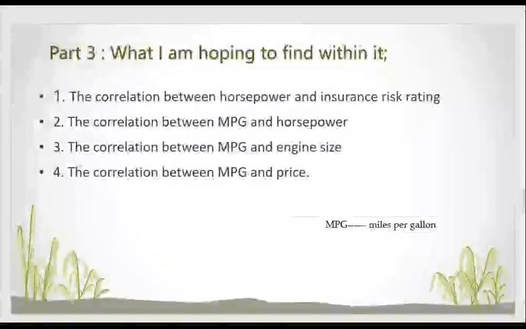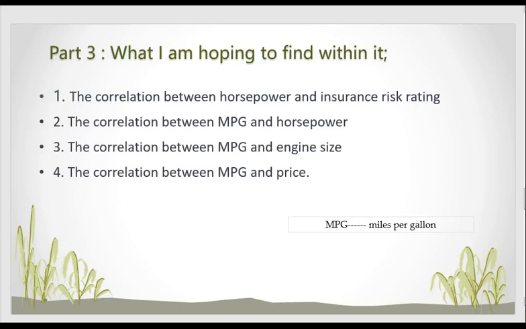And this is part 3, what I'm hoping to find within this dataset. First, I want to analyze the correlation between horsepower and insurance risk rating, because in general, higher horsepower engines are capable of delivering more power and achieving higher speeds than lower power engines.